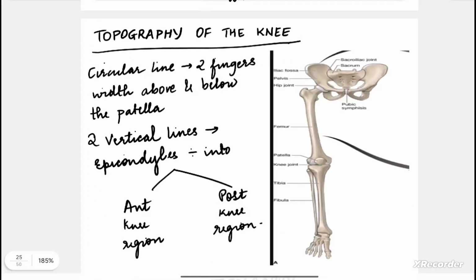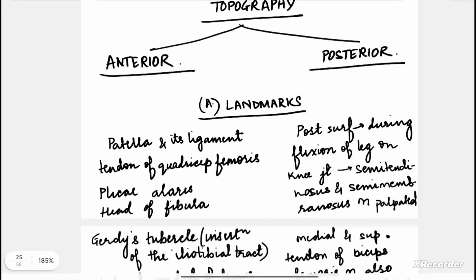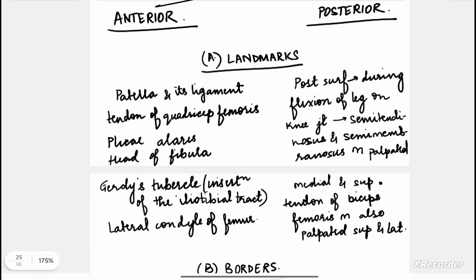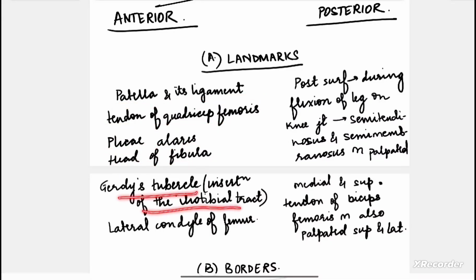Topography of the knee. Circular line, 2 fingers width above and below the patella. 2 vertical lines on the epicondyles divide it into anterior knee and posterior knee regions. What are the landmarks? Anteriorly, patella and its ligament, tendon of quadriceps femoris, plica alaris, head of fibula, Gerdy's tubercle, insertion of the iliotibial tract and lateral condyle of the femur.